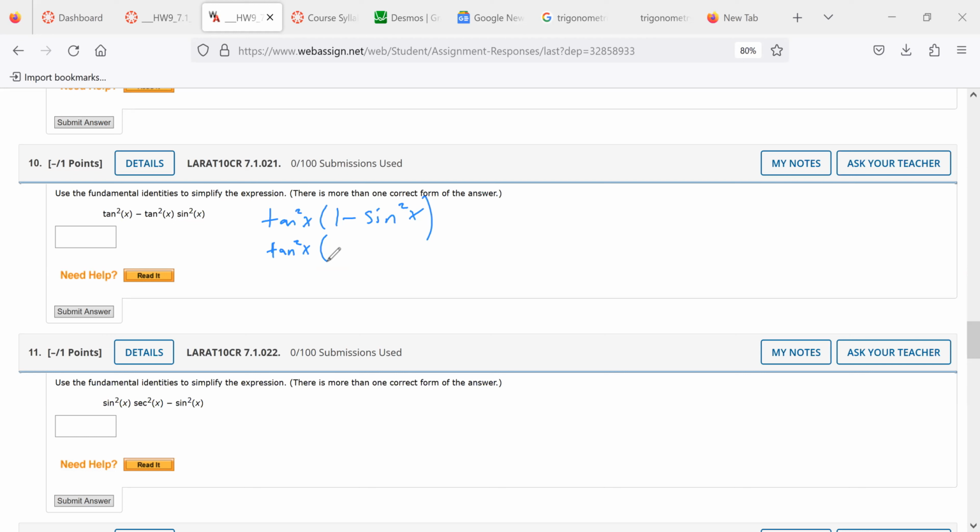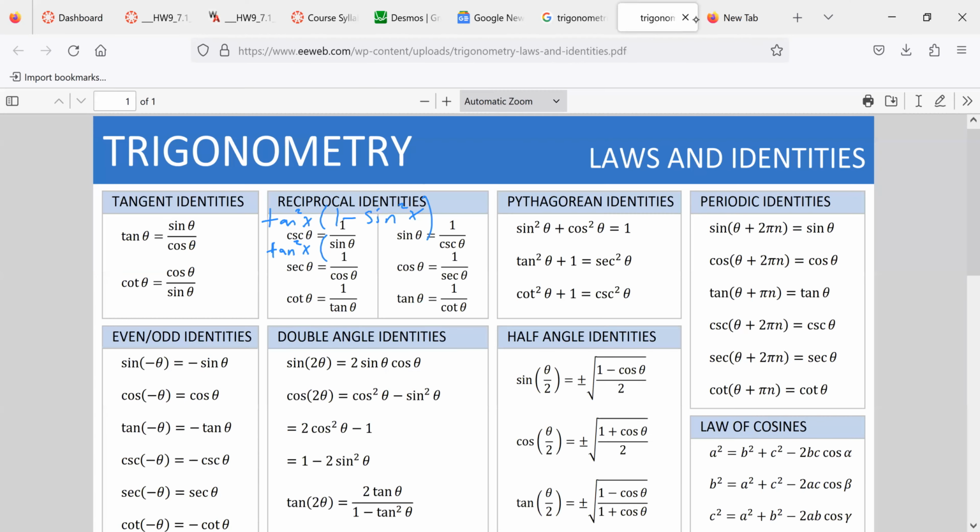It is 1 over cosecant. 1 minus sine. One minus sine, you would have to solve for it here.